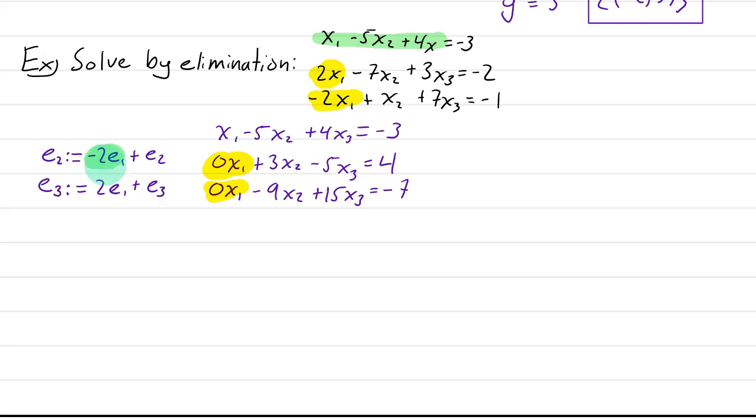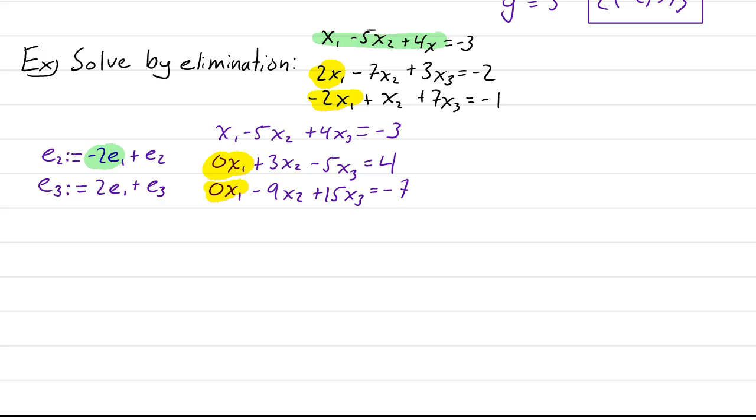So if you do 2 times equation 1 plus equation 3 on both sides, well, I already did that first term there, but negative 2 times negative 5 plus negative 7 gives you 3. Negative 2 times 4 plus 3 gives you negative 8 plus 3, which is negative 5. Negative 2 times negative 3 is positive 6 plus negative 2 gives you 4.